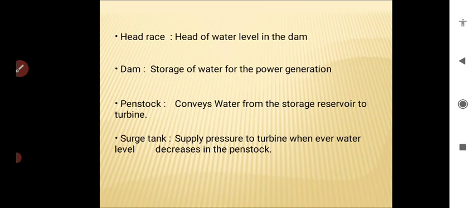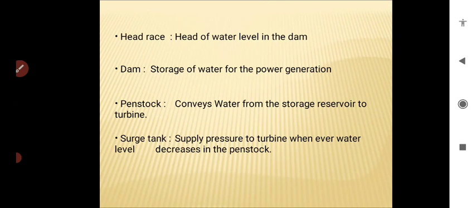And next one is the surge tank. Fourth one is the surge tank. It is used when the water is carried through the penstock and when it is not possible to construct a forebay. The surge tank is used to reduce the pressure fluctuations in the penstock, thus eliminating water hammer effects and protecting the penstock.